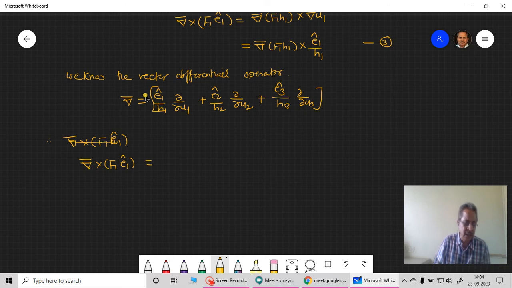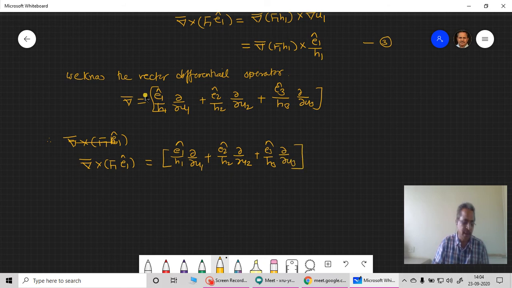Here I can write del bar as this bracket: E1 cap upon H1 del upon del U1 plus E2 cap upon H2 del upon del U2 plus E3 cap upon H3 into del upon del U3.